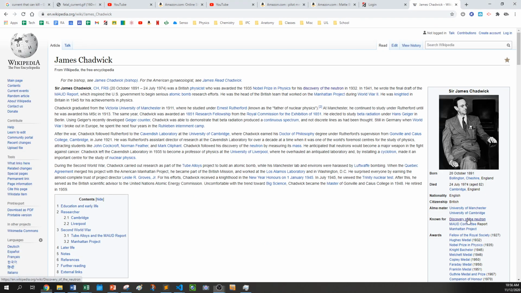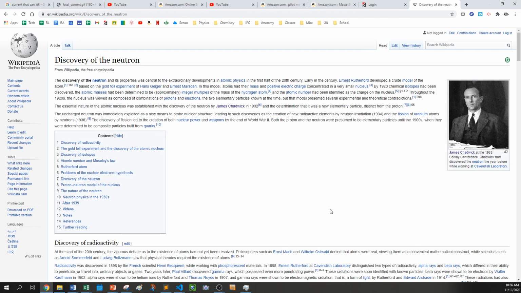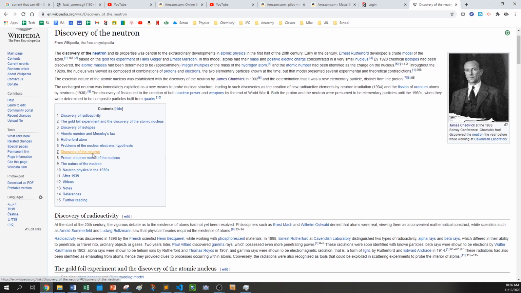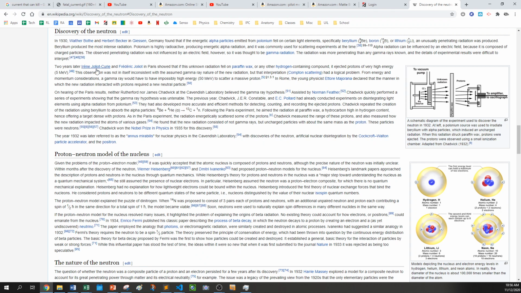The discovery of the neutron. So some people were working with alpha particles, and they noticed that these particles produced radiation that penetrated quite deep into the material.